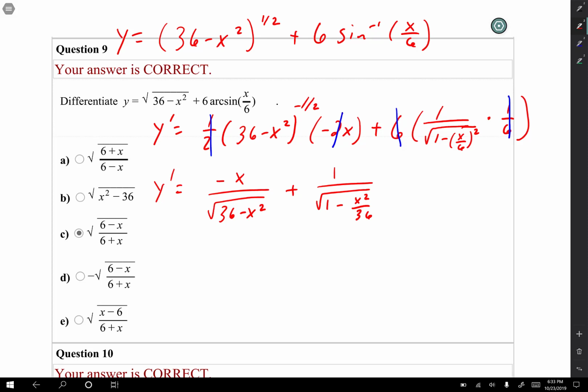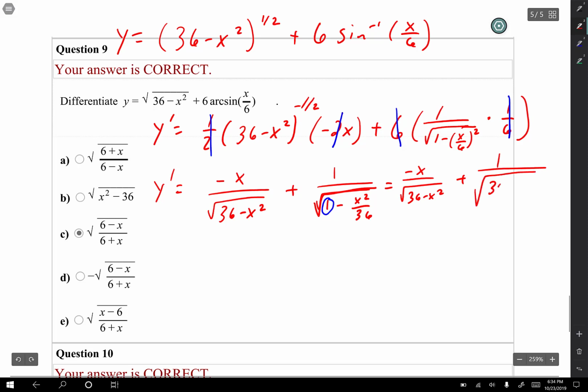All right, well, first, all this is inside that square root. We're going to change this 1 here into 36 over 36. So negative x over square root of 36 minus x squared plus 1 over square root 36 over 36 minus x squared over 36.